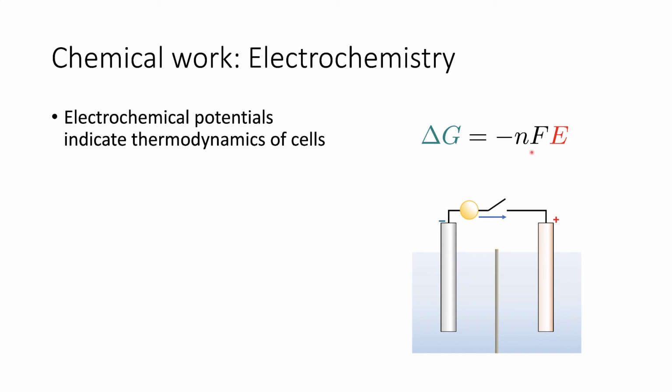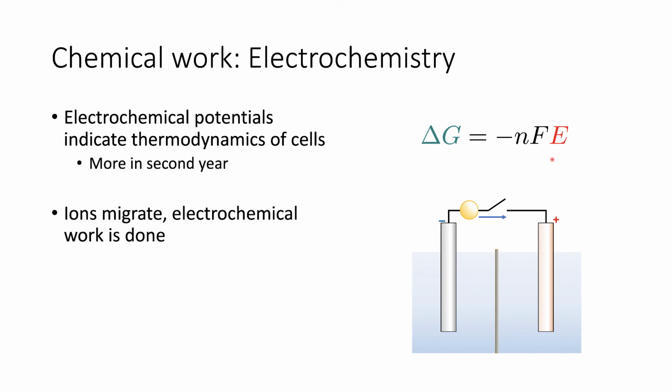We can calculate the Gibbs energy very, very easily. And this is telling us about the electrochemical work being done in that cell. There's no expansion being done, but there's definitely a transfer of energy, which allows us to do that electrochemical work. It is non-expansion, but we can very easily calculate the Gibbs energy. And that tells us a bit about the chemistry going on inside that cell.